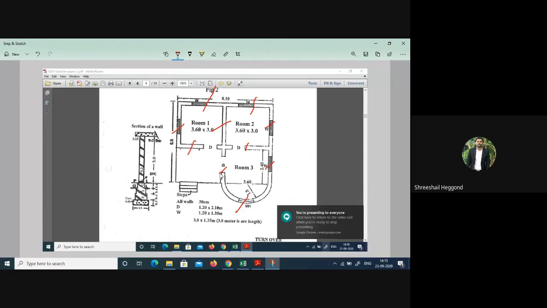Only half of the wall thickness has to be added at this point. From this point only you are considering the semicircle, so only the internal dimension is considered here. That will be 2.4 plus one side wall thickness, that is 2.55. The same two walls are there, where the window is given. Therefore, it will be 2 into 2.55.